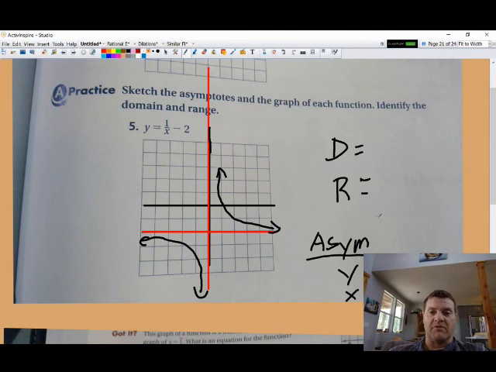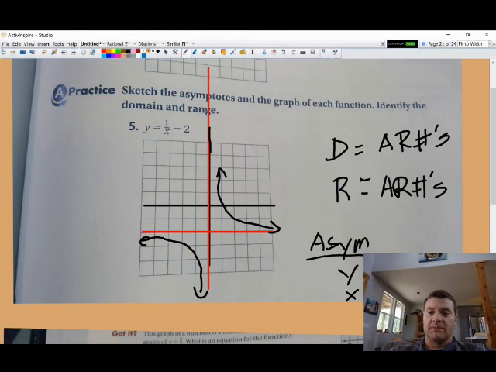So what does that mean for my domain? Well, my domain and my range are still going to be all real numbers for both of them, with the exception, my domain, or my x values, cannot hit this line.